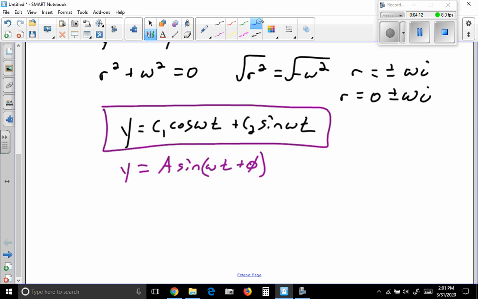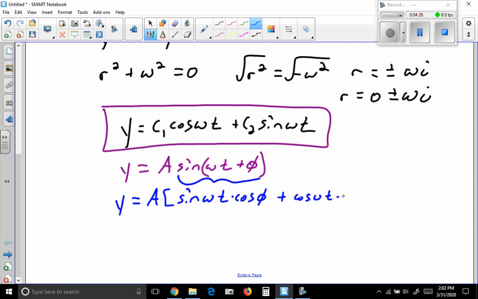Now you might say, well, how did you get from here to here? So let's look at a trig identity for when we have sine of angles added together. If we have two angles added together, we take sine of the first angle times cosine of the second plus cosine of the first times sine of the second.